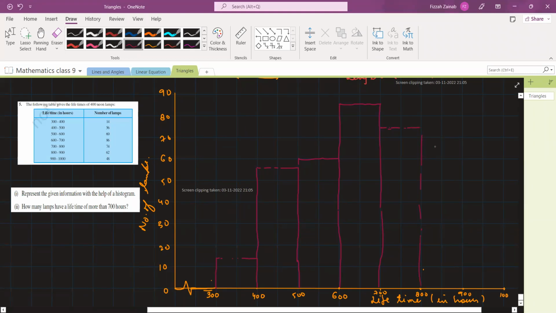Then you have 62, it will be here. Then you have 48. So this is how it's looking. And make proper lines with the help of a scale. Straight lines, okay?